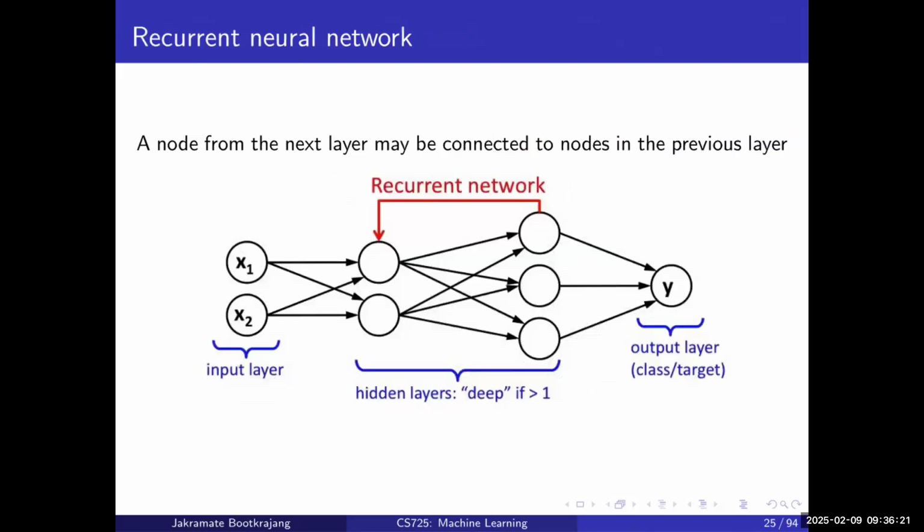For the recurrent neural network, we allow an edge from the current layer to the previous layer, right? So you can have a backward edge. And this will make the network more complex.